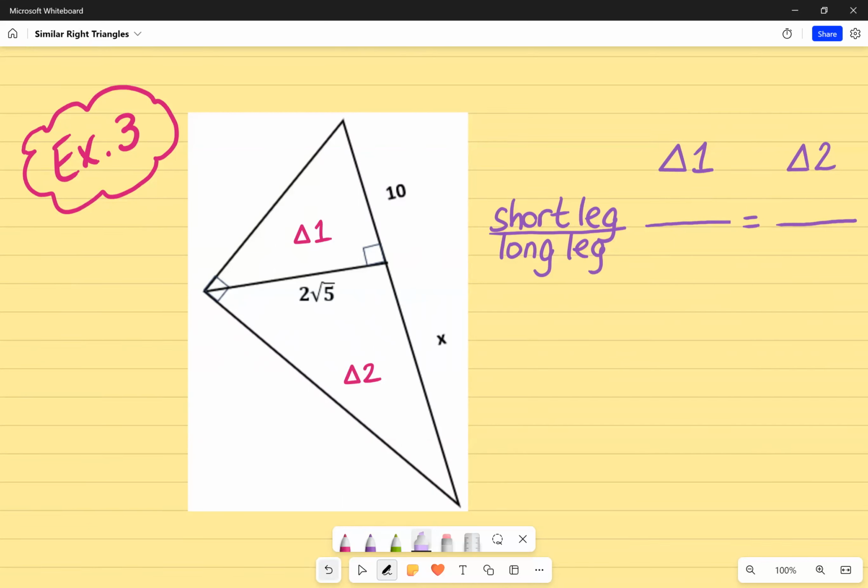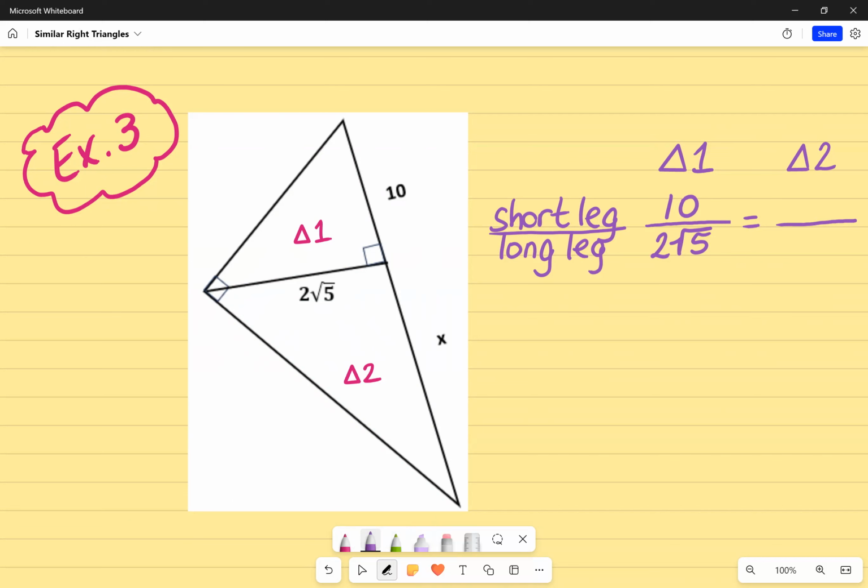All right, so for triangle 1, this is why I label. I see that my shorter leg is 10. So I'm going to go ahead and put 10 in the numerator. And then my longer leg is 2 radical 5. Again, it doesn't really matter short and long. You can say long, leg 1, leg 2. It doesn't matter.